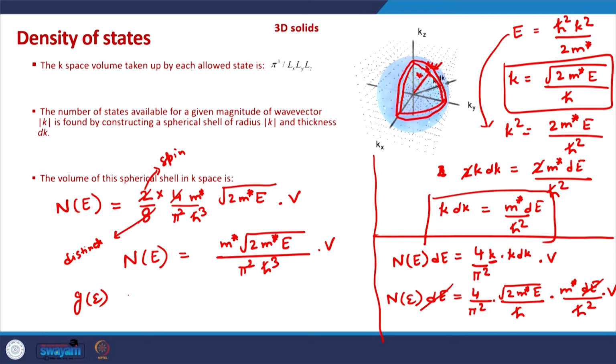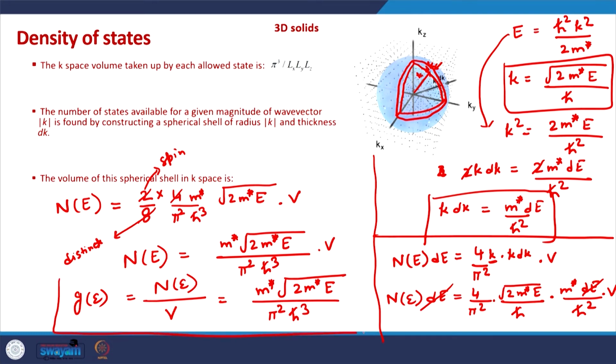Now, the density of state will simply be the total number of electronic states per unit energy per unit volume. We need to divide by the volume. So, it becomes m star square root of 2 m star E divided by pi square h bar cube. Okay, so, this is the electronic density of states in a 3D material.